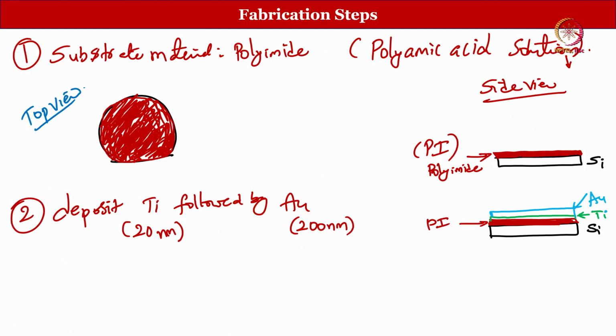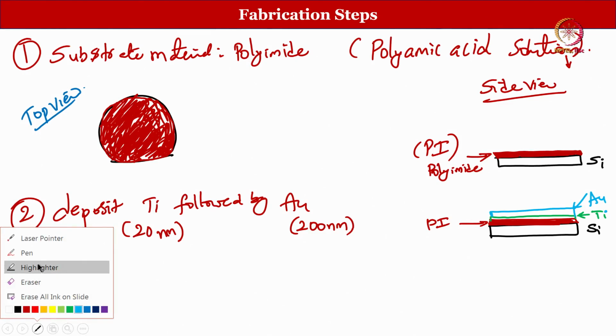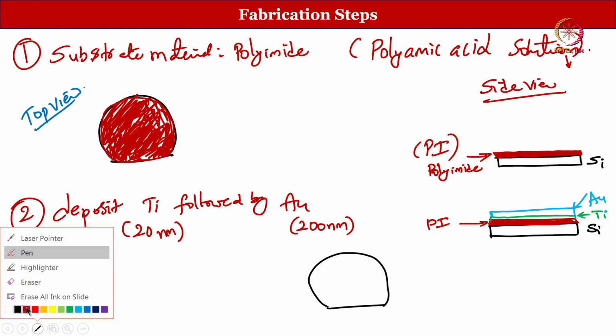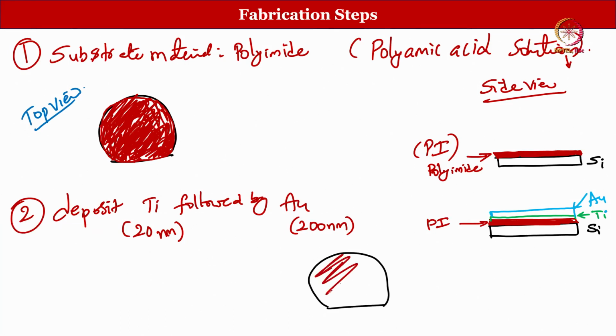Now, if you look from the top view, if I draw it again, how does it look? You have a silicon wafer, then on top of that we have polyimide.